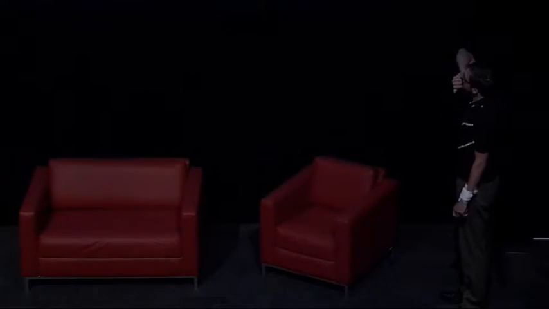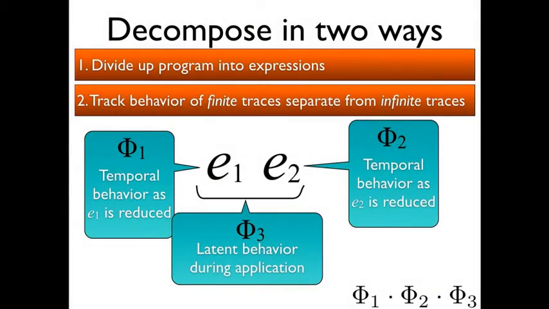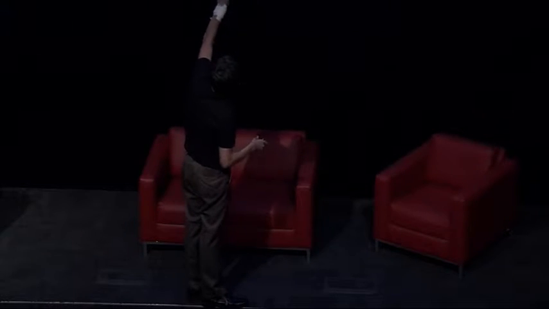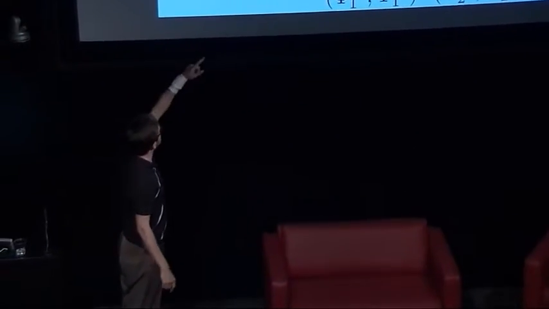The other thing we found was that, in order to get things to work, we had to separately track the behavior of the finite traces of an expression from the infinite traces of that expression. So rather than having these specifications phi1, phi2, phi3, we had to split them into pairs. We separately talk about the finite traces of E1, call that phi1 fin, and the infinite traces of E1, call that phi1 inf.